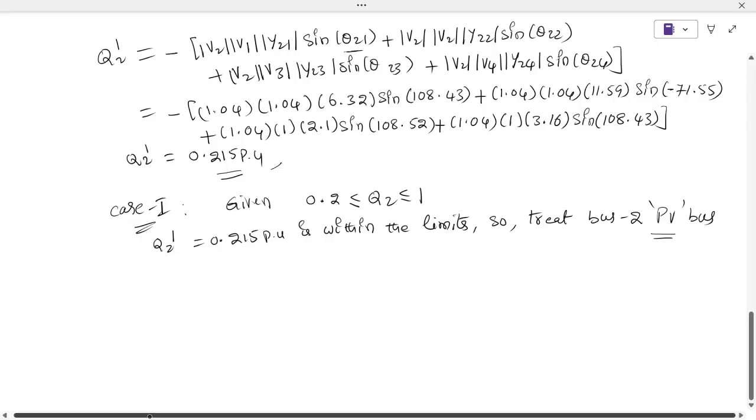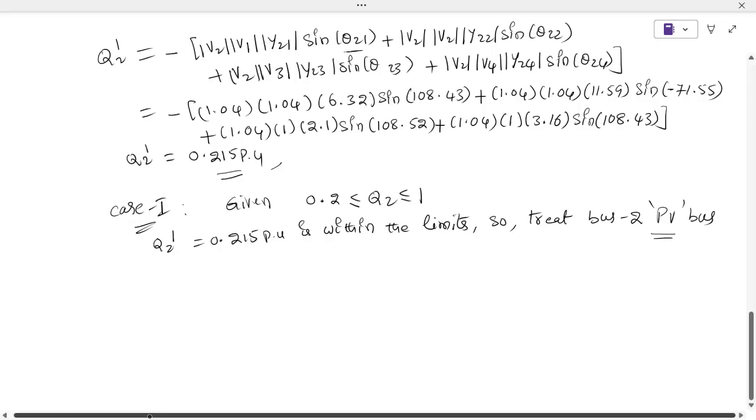But here we are treating bus 2 as PV bus, so the V value is already specified, 1.04. We just need to calculate the angle of the bus voltage. So for that purpose, we need to calculate the bus 2 voltage value as per the formula. After calculating the bus 2 voltage value, we take only the angle of that value. Okay, I will explain how it is.